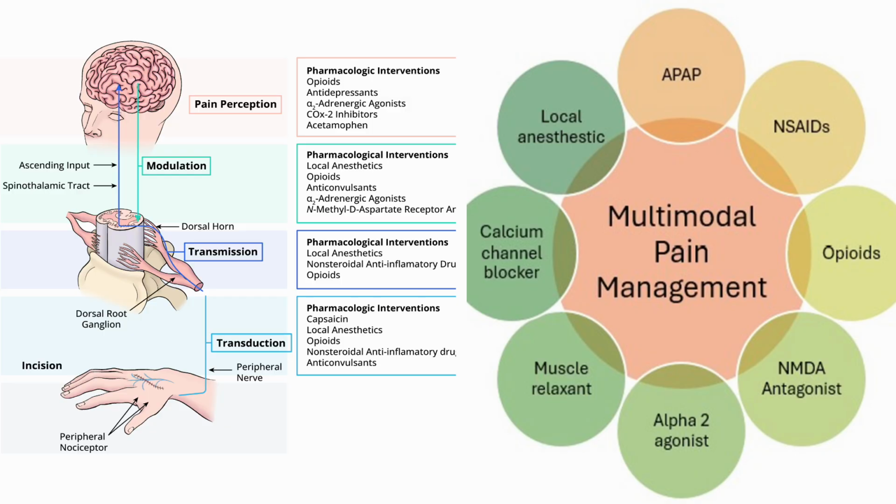But the idea behind MMA is to provide superior analgesia than opioid monotherapy. Opioids, for the most part, only act on opioid receptors. By targeting multiple pain pathways, we can achieve greater analgesic effect than we can with opioids alone. So what pathways am I talking about? For instance, Tylenol and NSAIDs, they act on cyclooxygenase enzymes for pain.